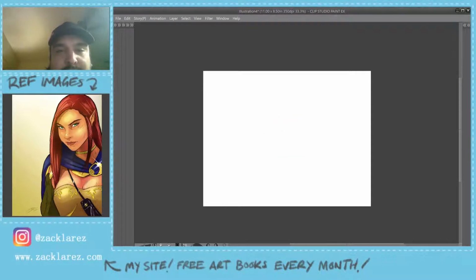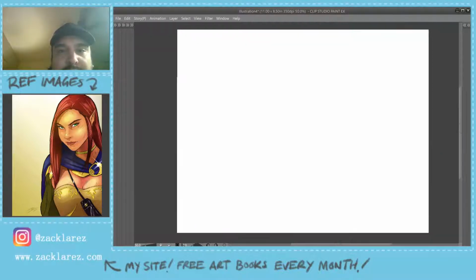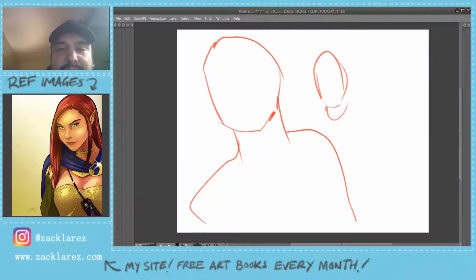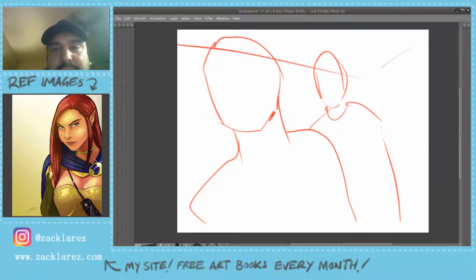In the layout stage, you want to stay fast and loose. You want to block in large shapes. Like if you're going to draw a person, you block in where the person's going to be, and suppose someone's behind them, you put that person there, and if they're inside a building, then you can see the roof, and there's a door behind them.